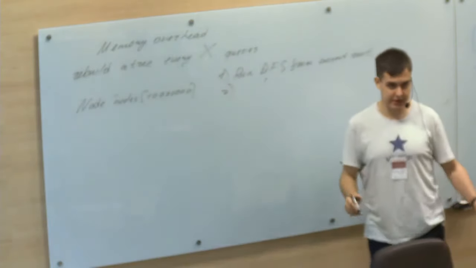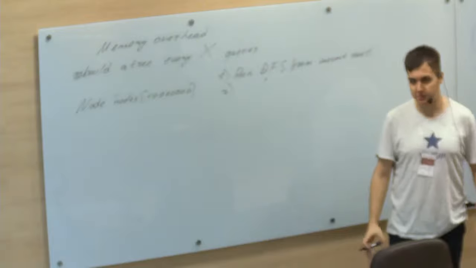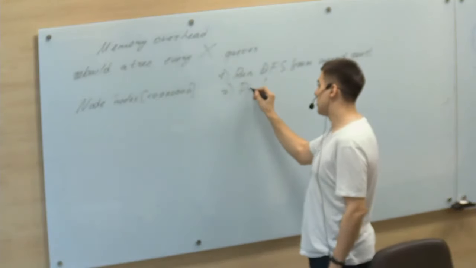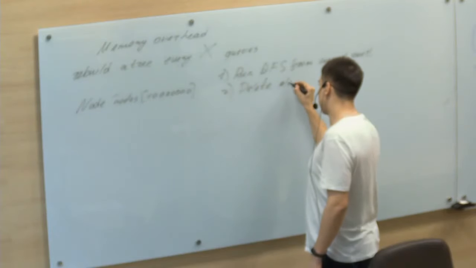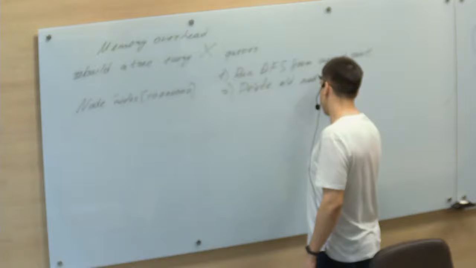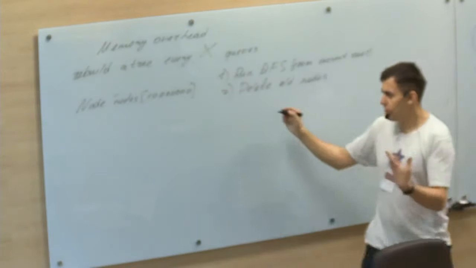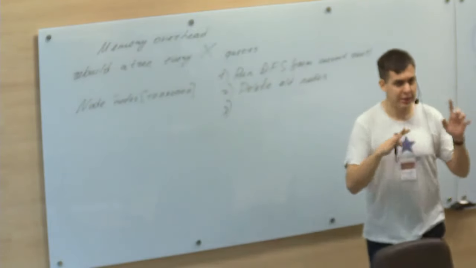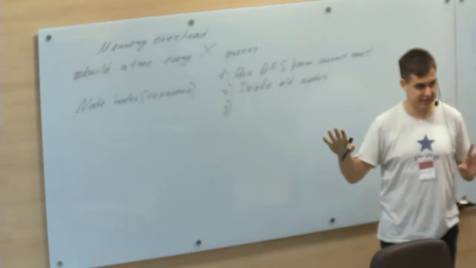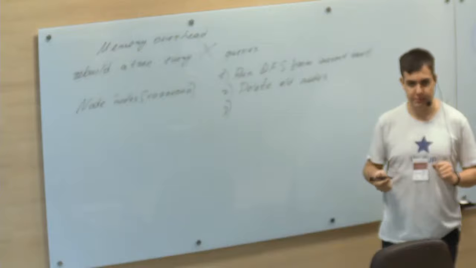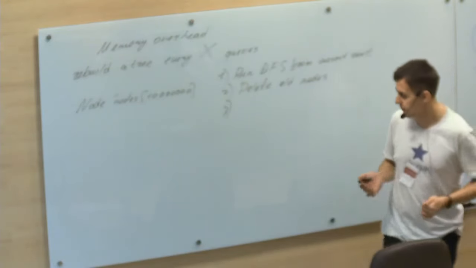The second part is we just delete all the memory that we've allocated before. So we delete all nodes, and then we build a new treap from scratch. We can even build a perfectly balanced treap, so our operations on it will be faster for some time.